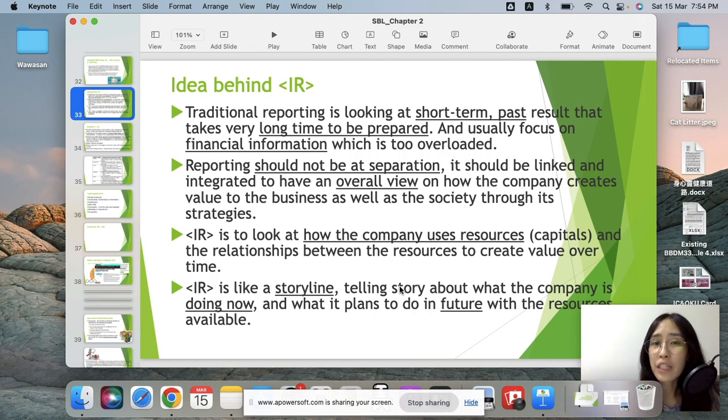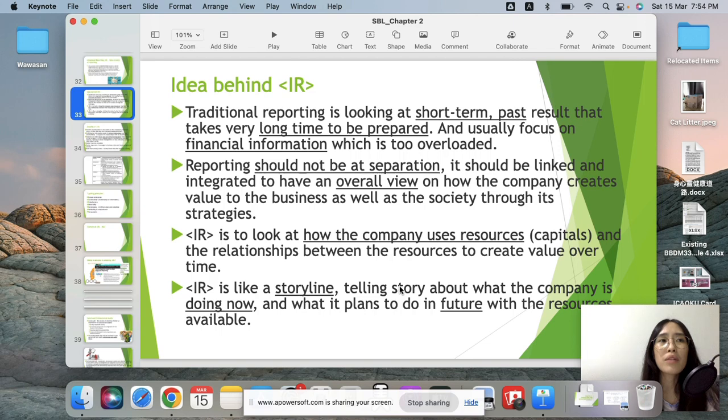So because of the connectivity, if we look at the report separately and in isolation, it does not provide an overall picture of the company. So in order to have a more holistic view on the company's activity and how does it add value, integrated reporting was introduced, right?